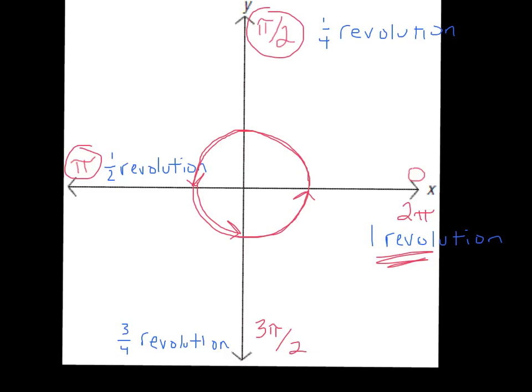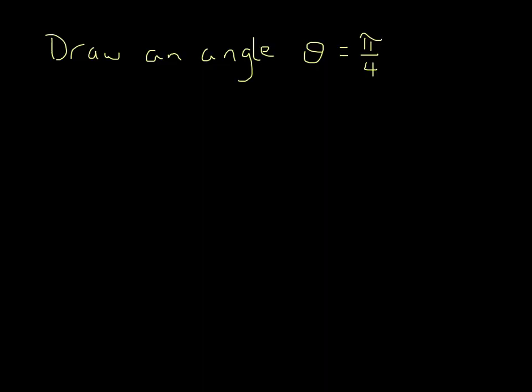So that idea of a portion of a revolution and taking that fraction times 2 pi is how we'll get those radian measures for some of the other special angles that we'll see. Okay. So taking that into account, let's think about how we could draw an angle that's pi divided by 4 radians.